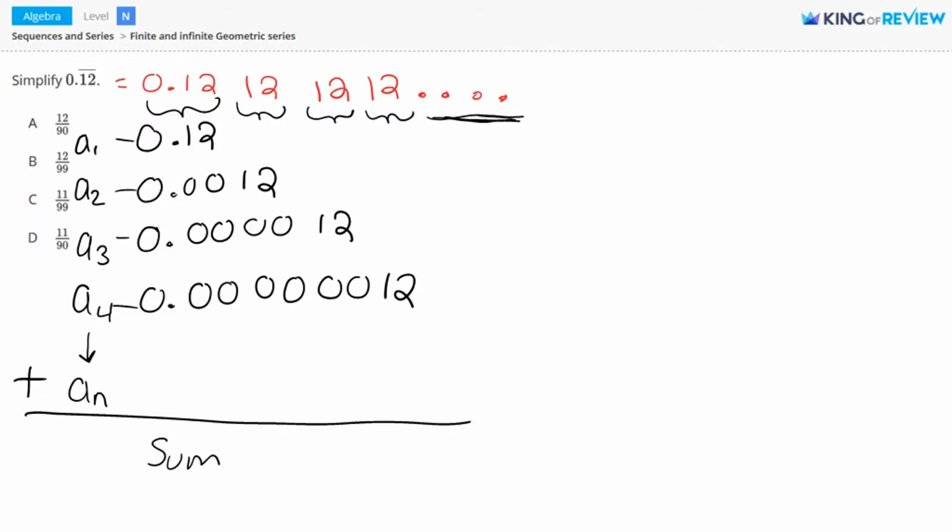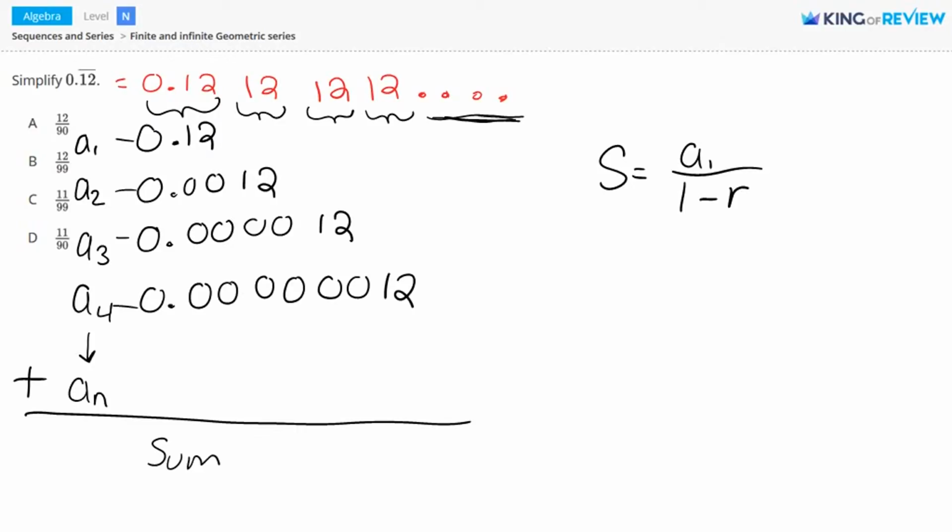So let's use the equation for the sum of an infinite geometric series to simplify this repeating decimal. We'll use the equation S equals A1 over 1 minus R, the sum of an infinite geometric series with first term A1 and a common ratio of R. So we're going to use this equation to simplify this repeating decimal.